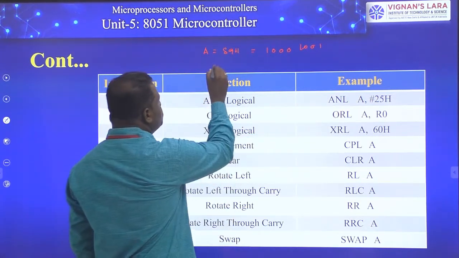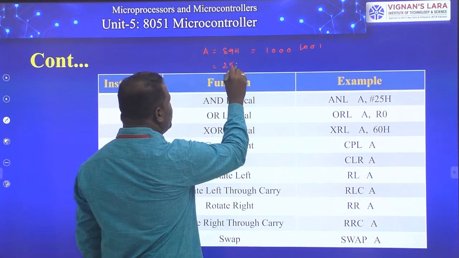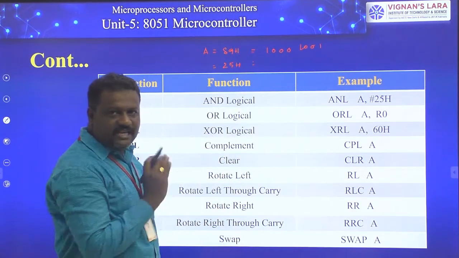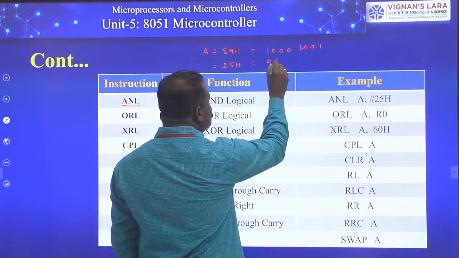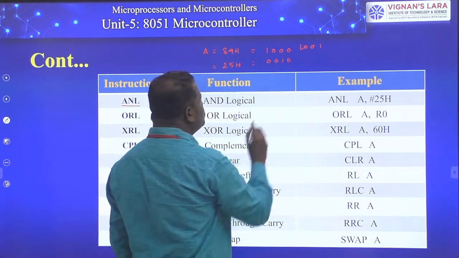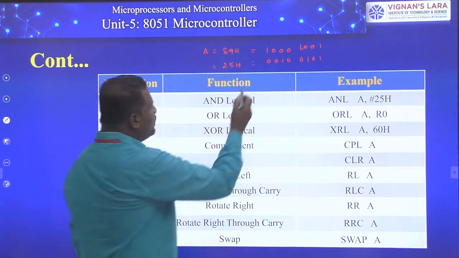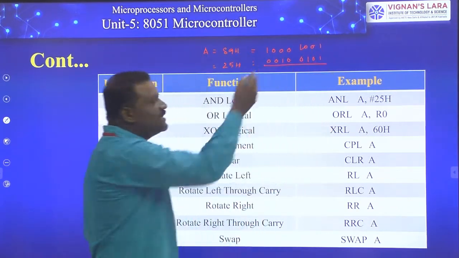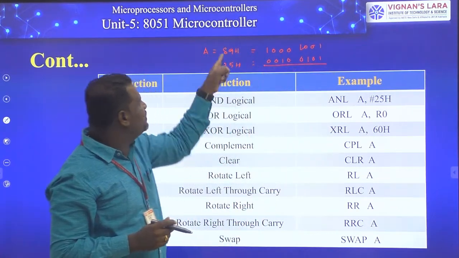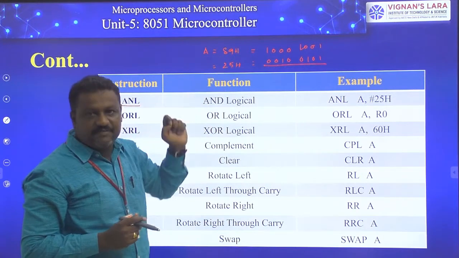So your second operand is 25H. What is its equivalent binary? 0010 0101. Now our controller can do logical AND bit by bit between 89H and 25H.